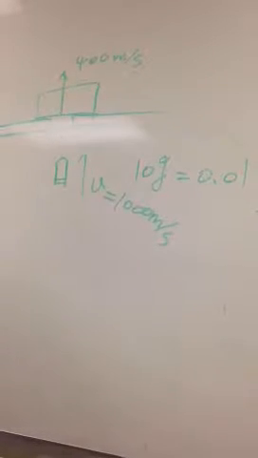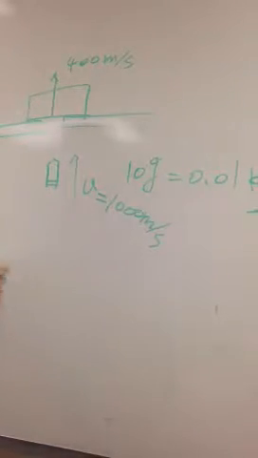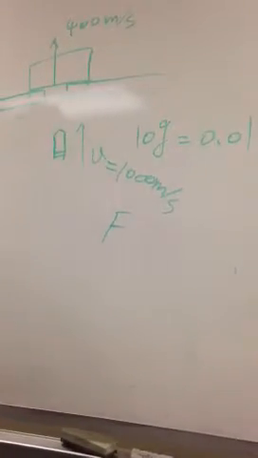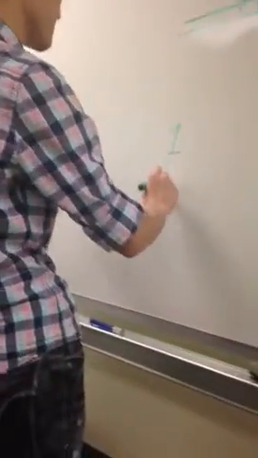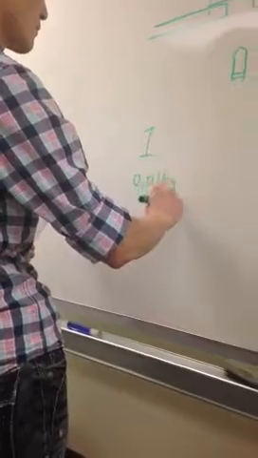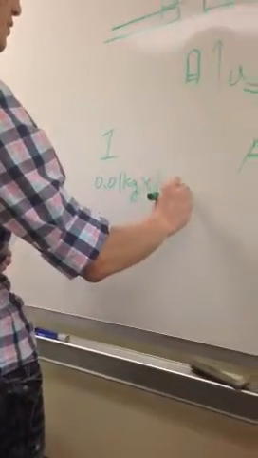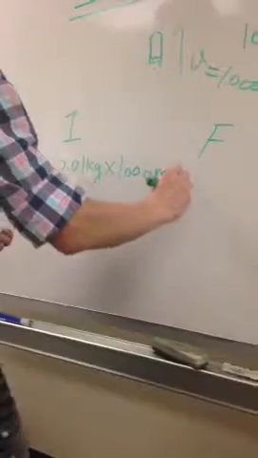Okay, and then what we need to do is also initial and final momentum. The initial one is the 10 gram bullet times 1,000 meters per second plus the block, which was at rest, so it's 0, right? That is equal to the final.